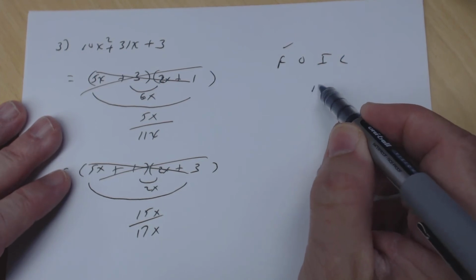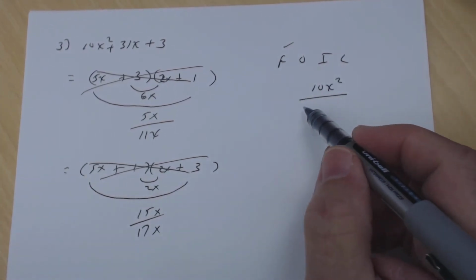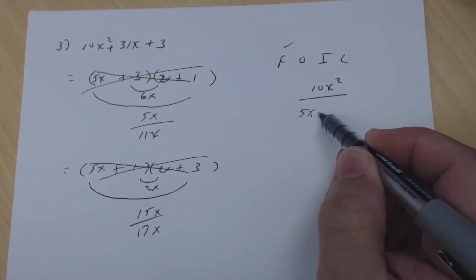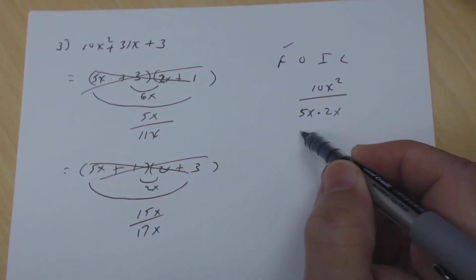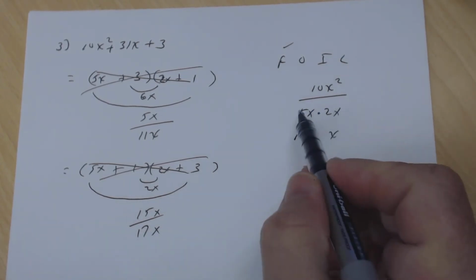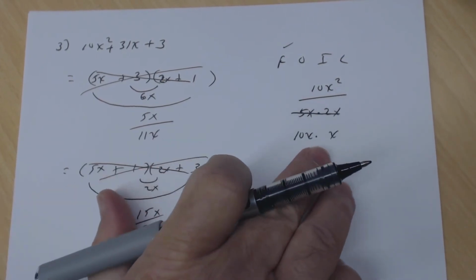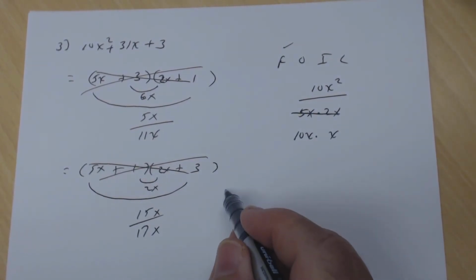Remember the possibilities for 10x squared are 5x times 2x, or 10x times x. I'm going to stop using these for right now and go ahead and use 10x and x. So let's see what happens.